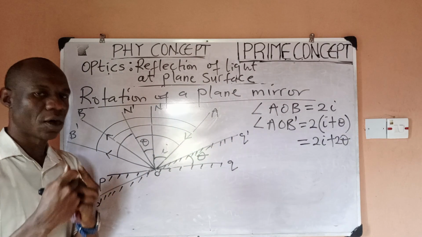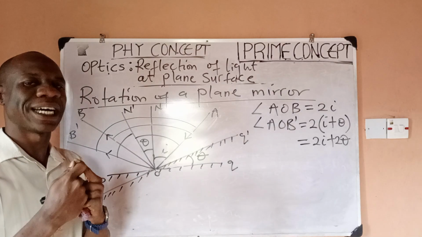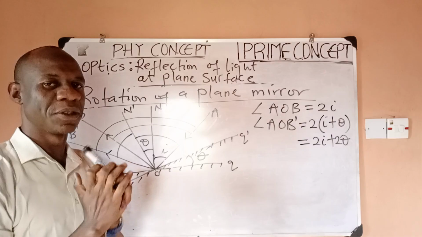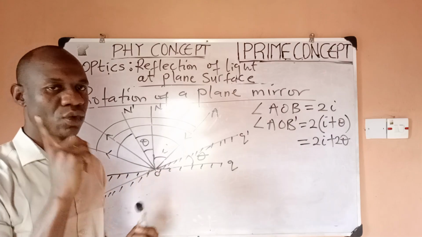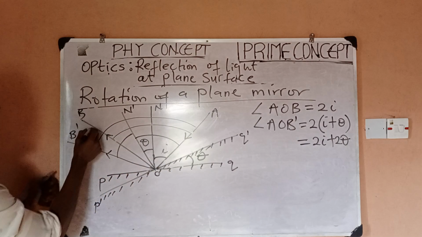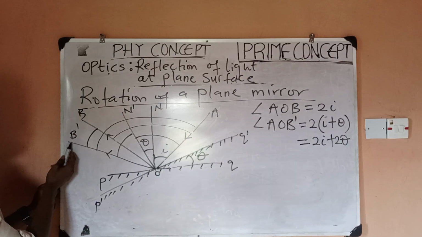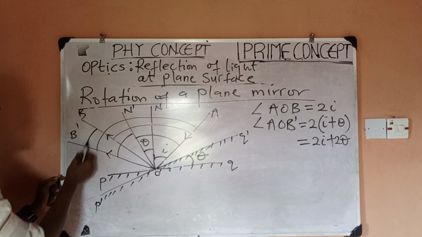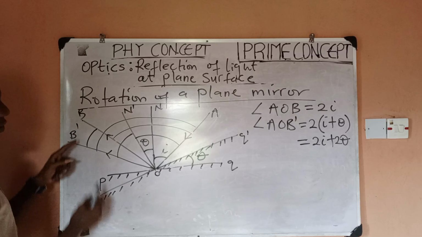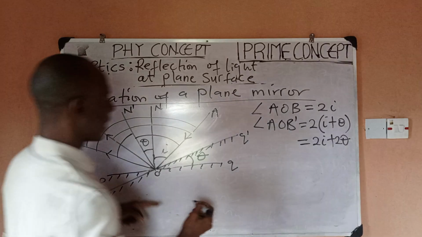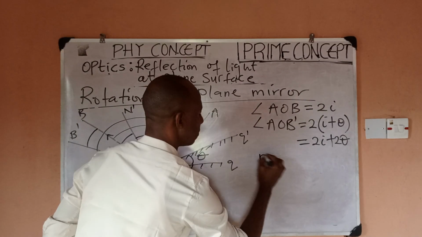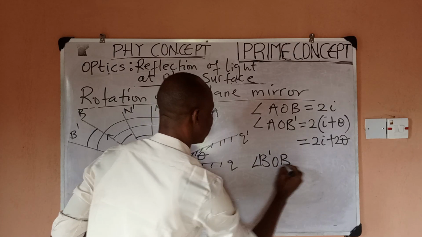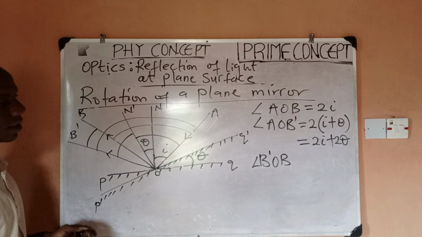Now, what are we trying to find? The angle of reflection. We said that when you rotate a plane mirror through an angle theta, the reflected ray will be rotated through 2 theta. This is your initial reflection and this is your new reflected ray. So you want to know what this angle will turn through. We're trying to find angle B prime OB.